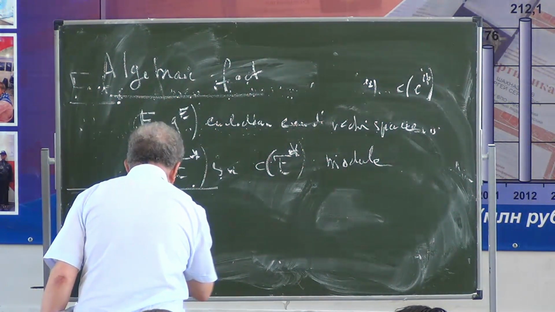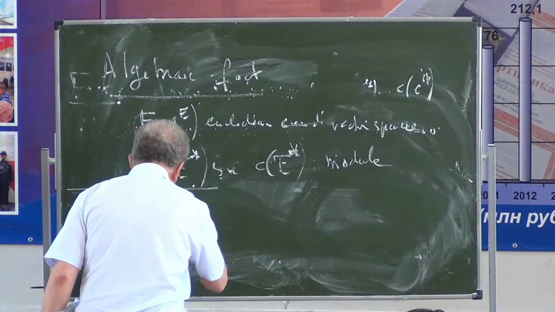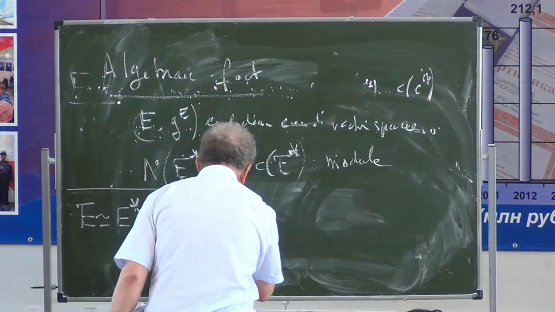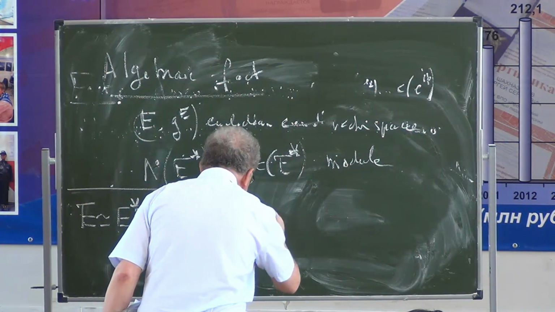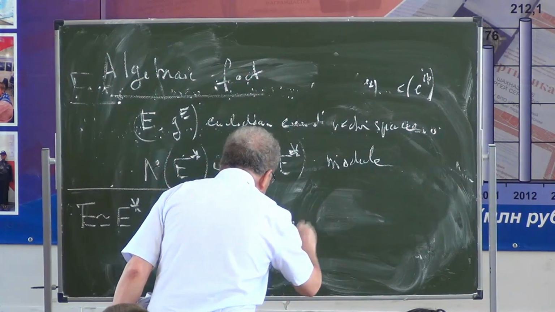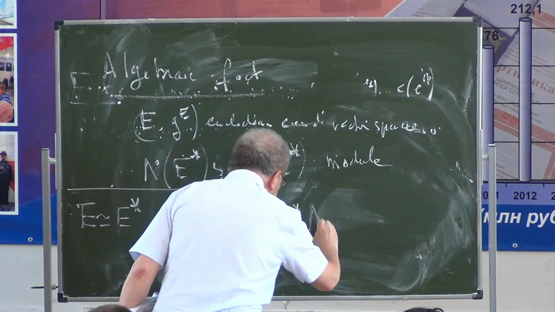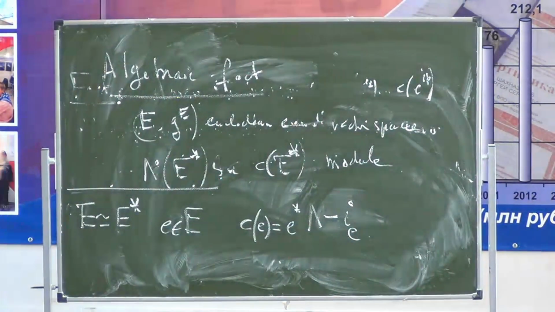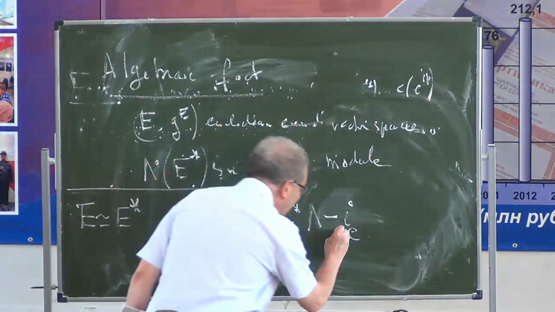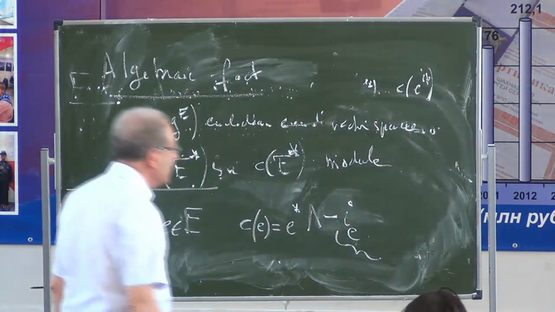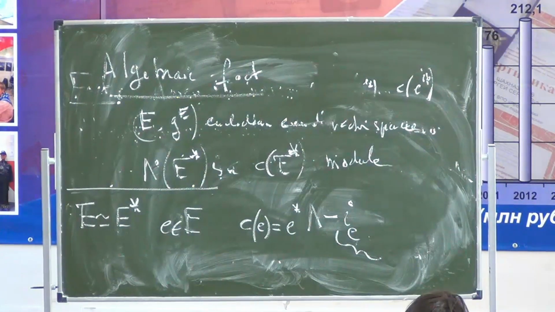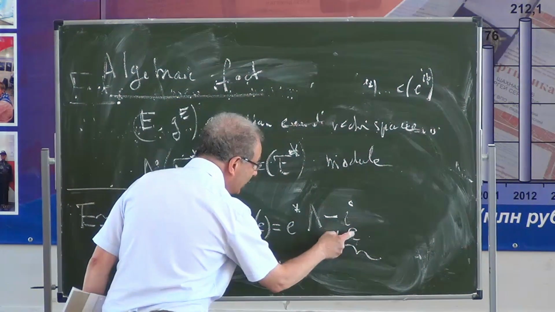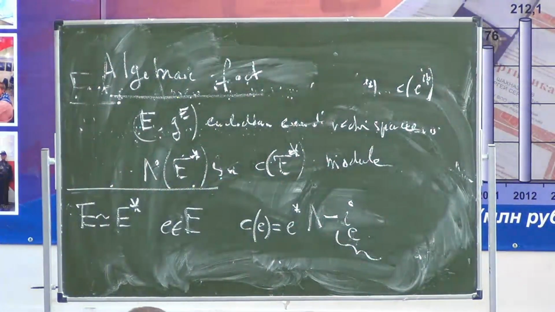So I take e in E, and I define c(e) to be e* exterior product minus contraction by e. What does this mean? This is a contraction by the vector e. If you have a p-form, you can contract it by a vector, and you get a (p-1)-form.